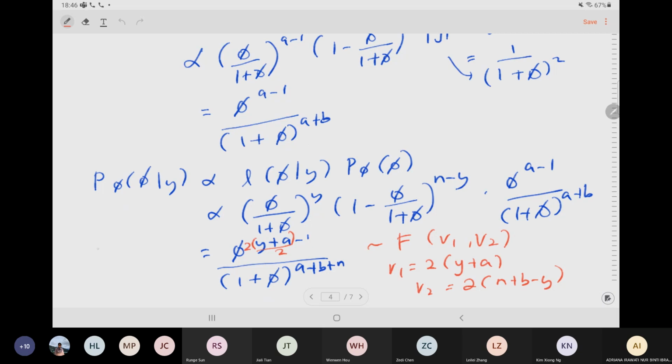And your V1 plus V2 should be equal to A plus B plus N. If you look over here, Y plus A plus N plus B minus Y, you should get A plus B plus N. So that's why this is a kernel of an F distribution with V1 and V2 as given here. It's a complicated distribution.